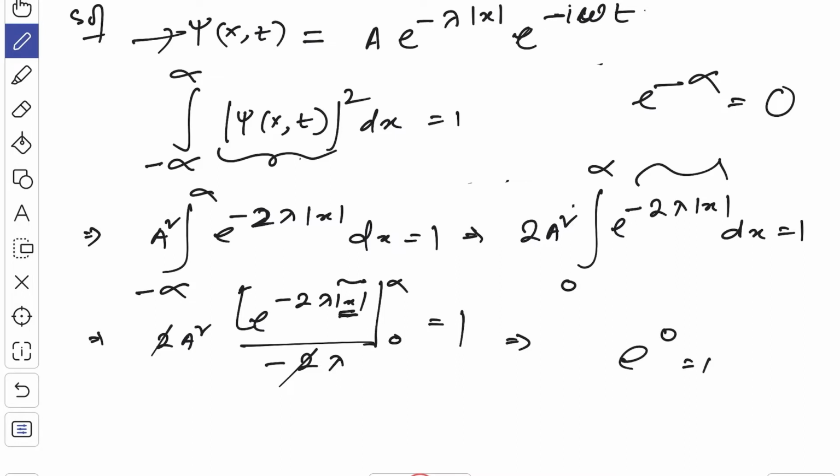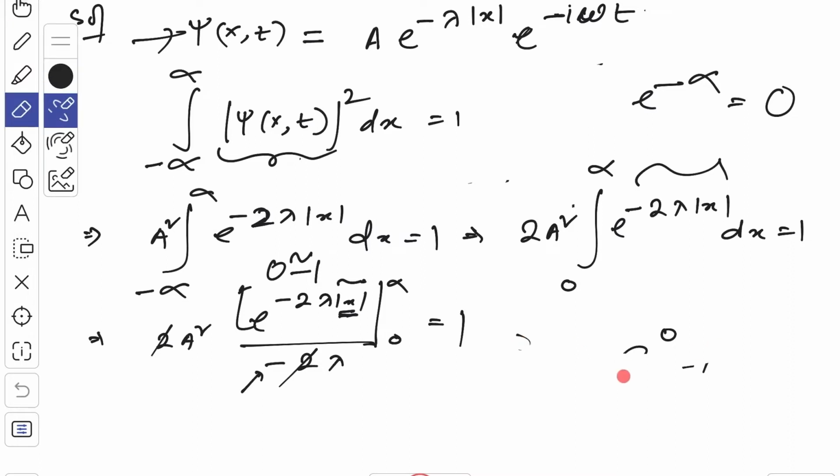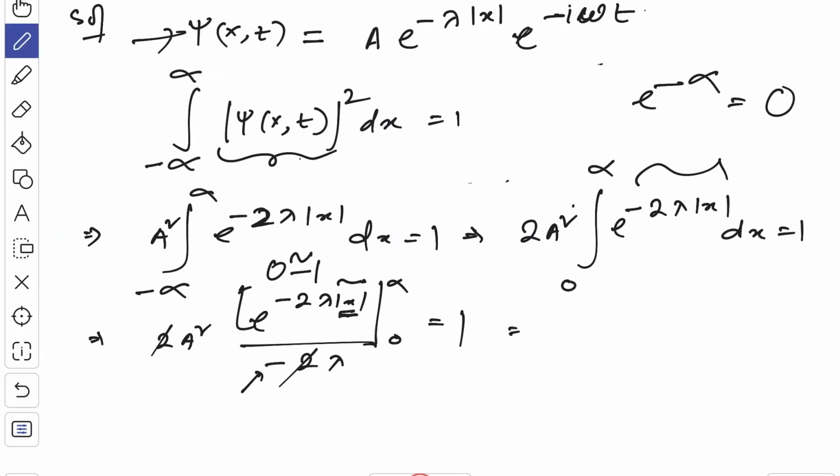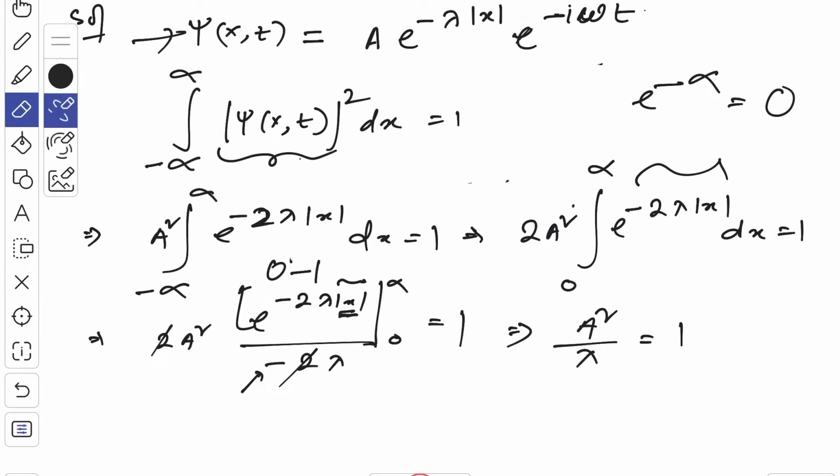So this term will be 0 minus 1, that is minus 1, and this minus and this minus become plus. So what we get at the end is A square by lambda is equal to 1. Hope you have understood what we have done here.